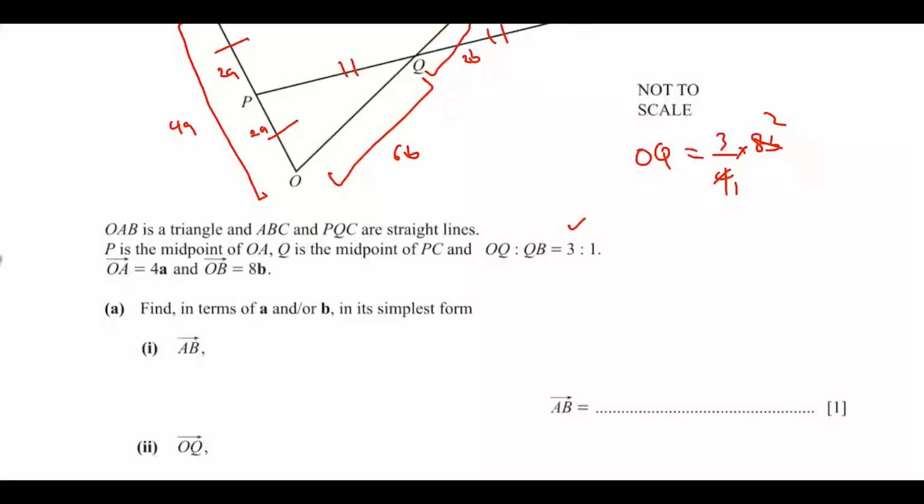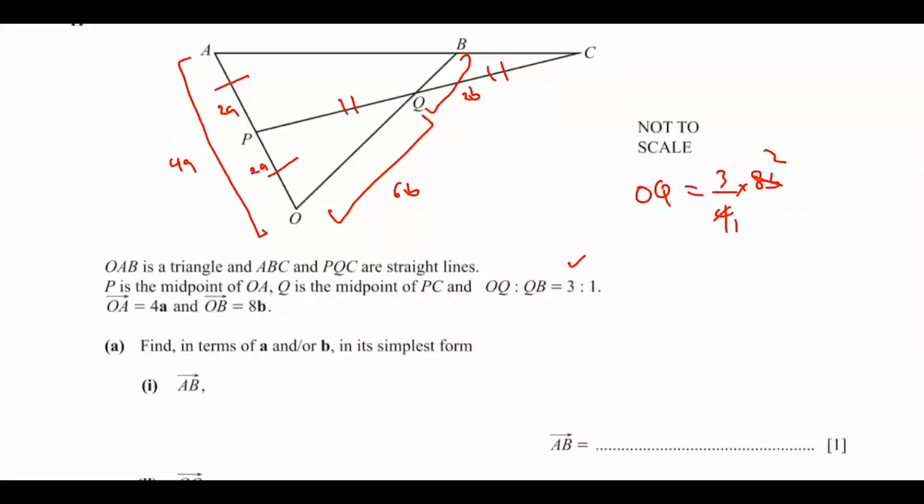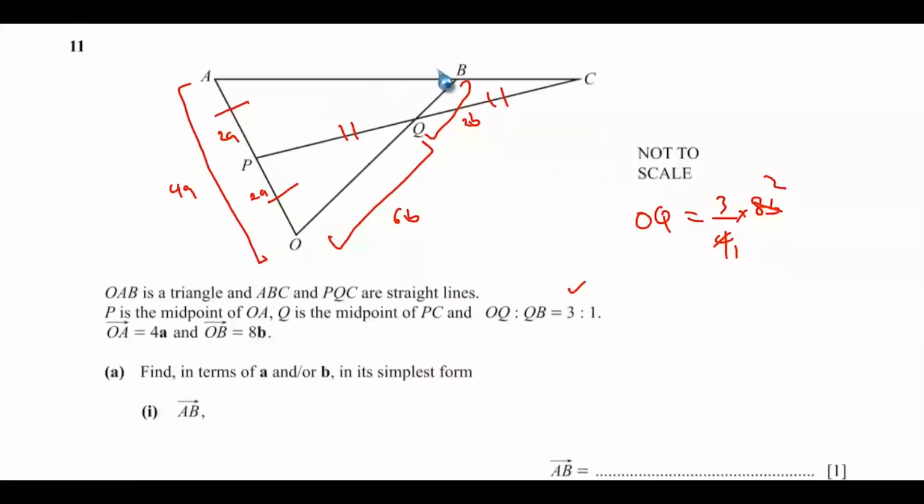Find in terms of A and B, in the simplest form, AB. So AB will be equal to AO plus OB.